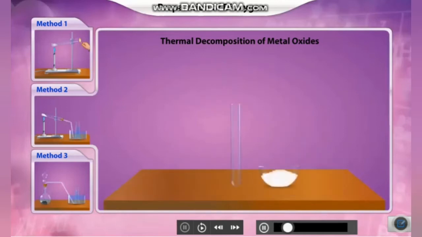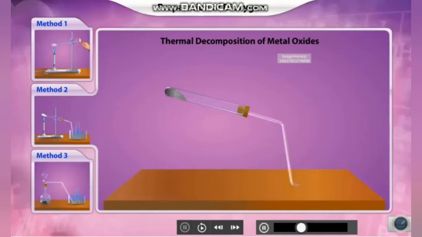4 parts of potassium chlorate are mixed with 1 part of manganese dioxide, and the powdered mixture is put in a test tube. The mouth of the tube is closed with a cork. The cork has an inlet through which a delivery tube is passed.